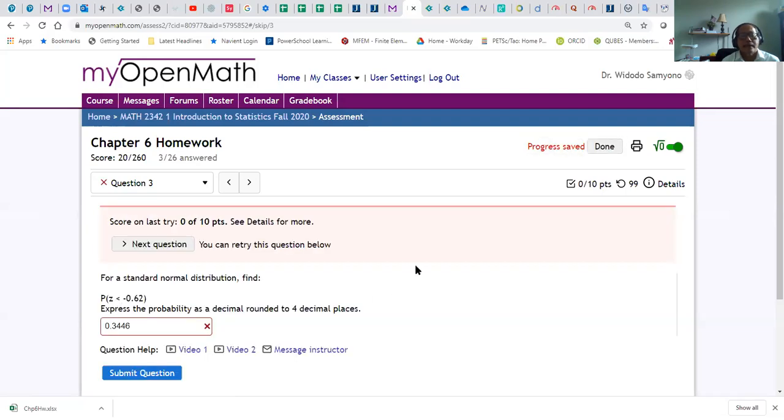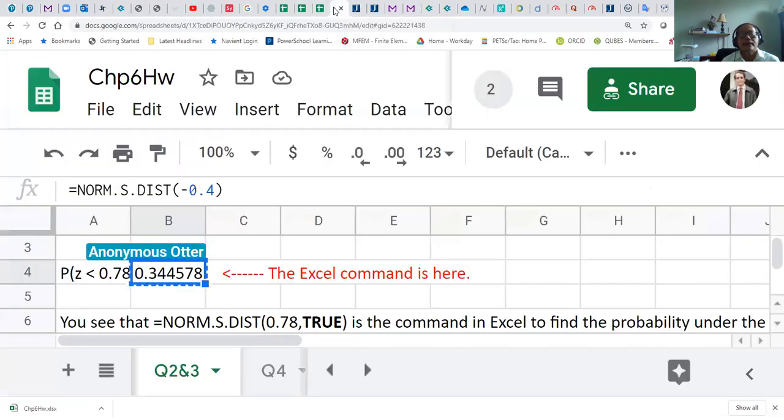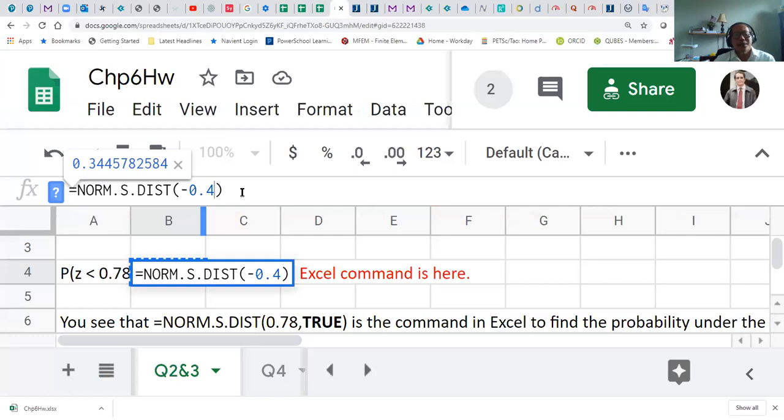Less than 0. Oh, someone changed it. Okay, so this one should be 0.62.